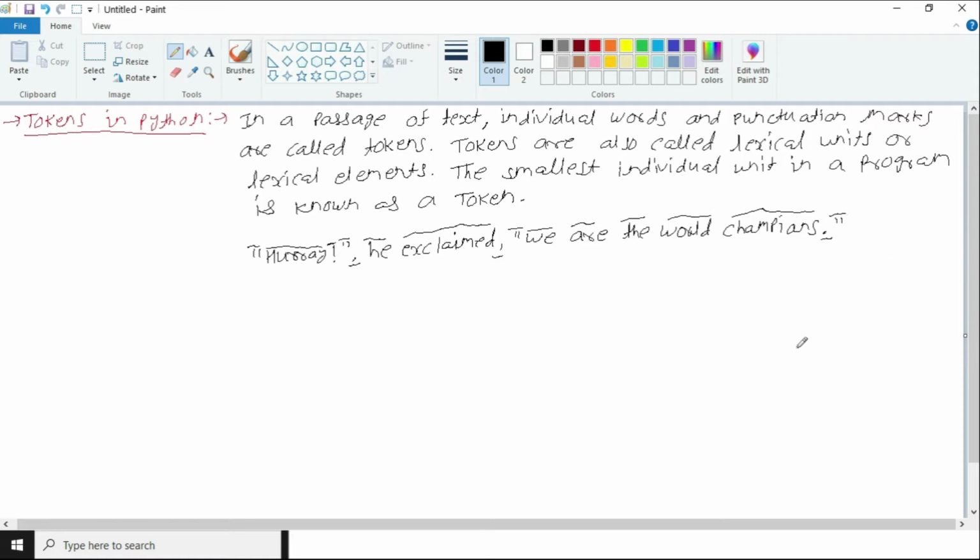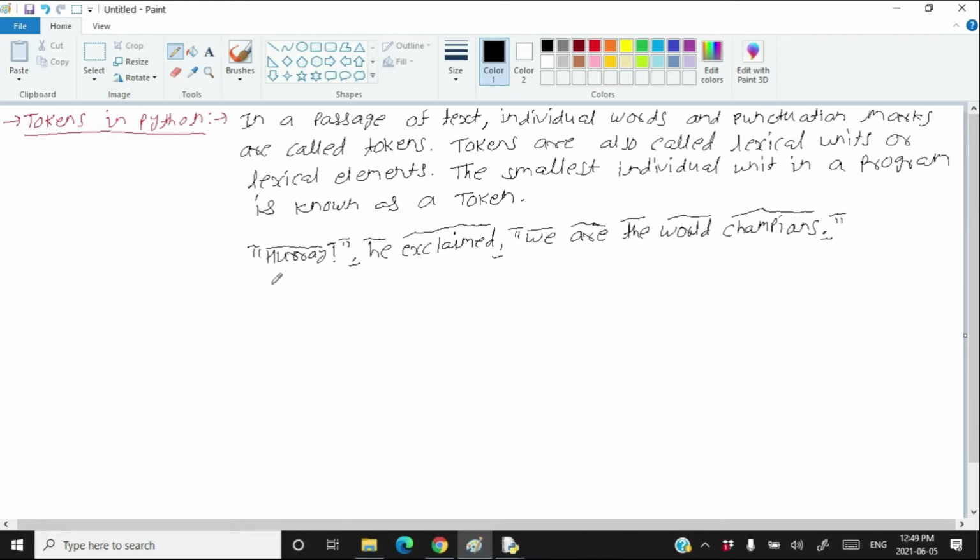Whatever I pointed out, everything is a token. Everything is an individual unit. So all the individual units used to create a sentence are called tokens. What kind of tokens are used in English? They are words, numbers, double quotes, commas, exclamation marks, etc.